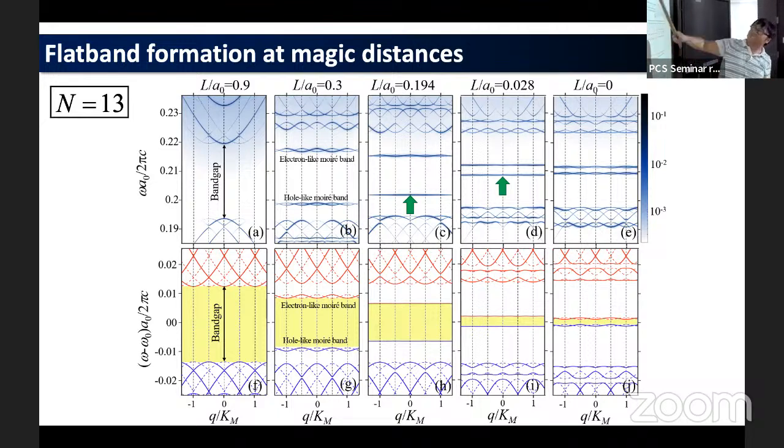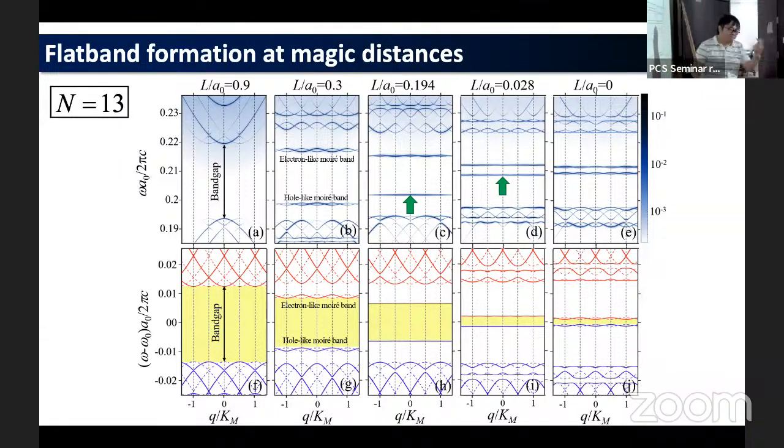As you can see here, when they are far apart, actually it's not very far, when the distance is almost at the period, there is no interaction. So we only have this band folding with the shared band gap between the two layers. But as soon as we make them closer and closer, for example 0.3 here, we start observing the emergence of the mini bands of the superlattice inside the band gaps.